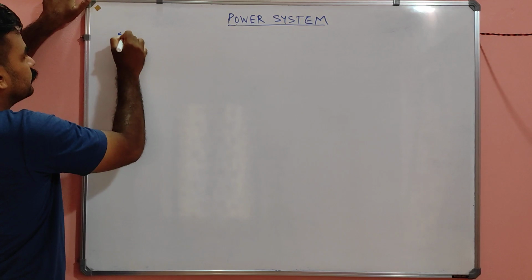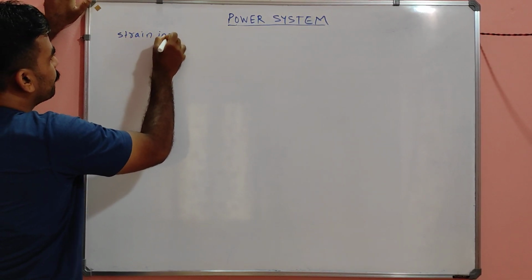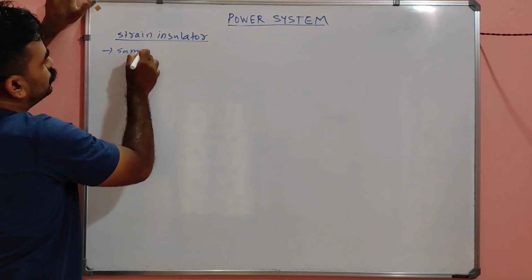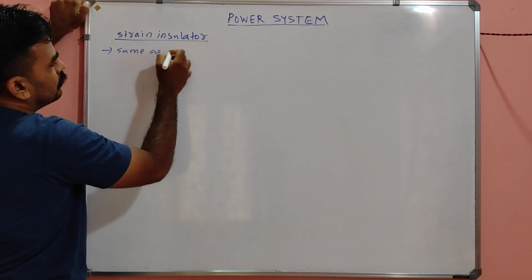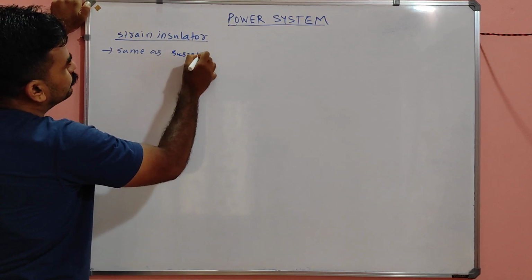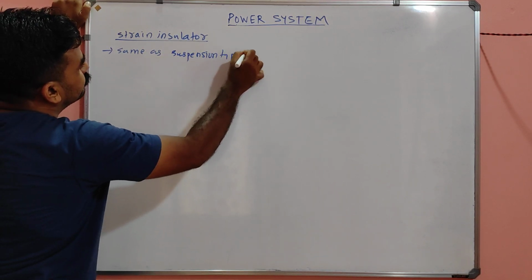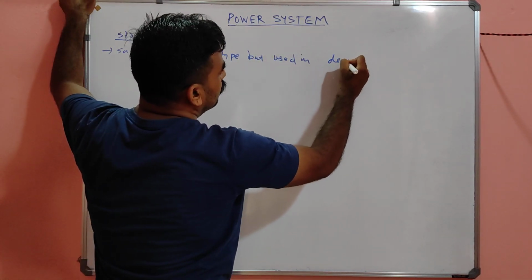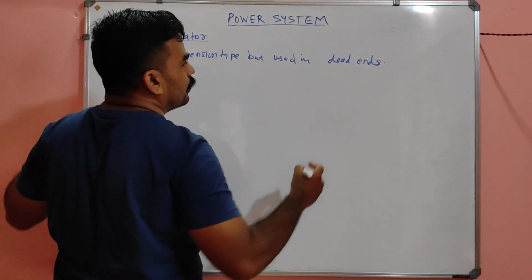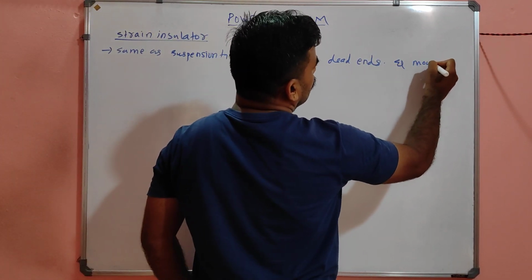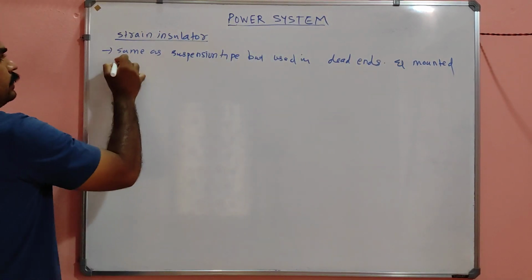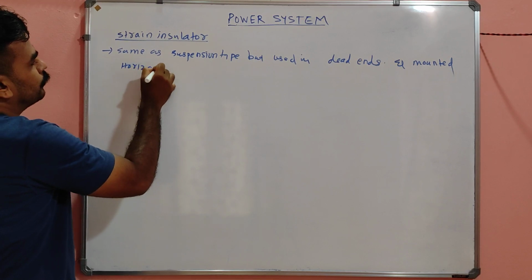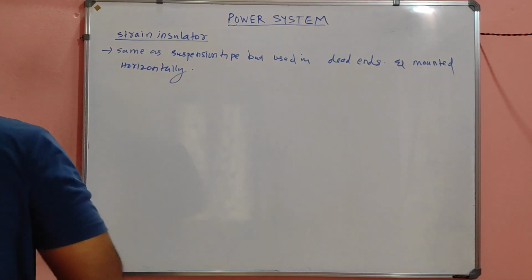Like a strain insulator. It is the same as the suspension insulator, but used in dead ends and mounted horizontally, not vertically.